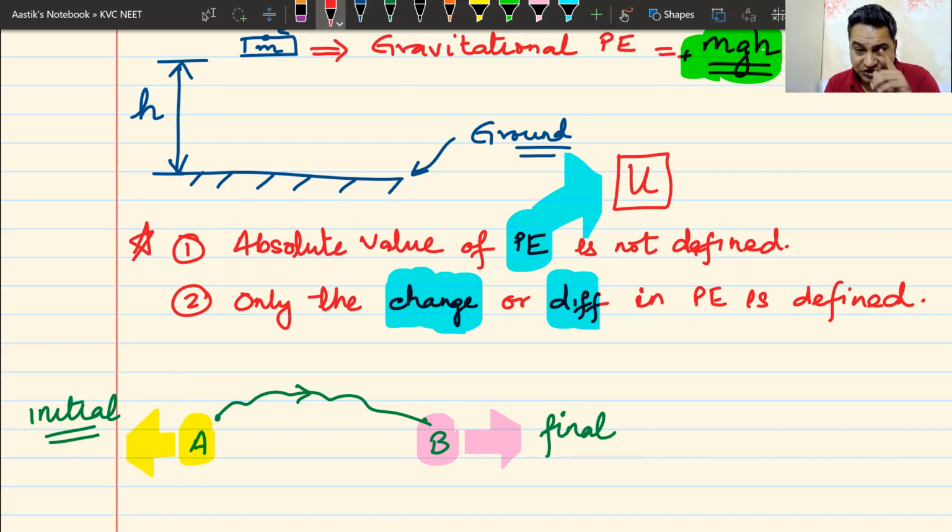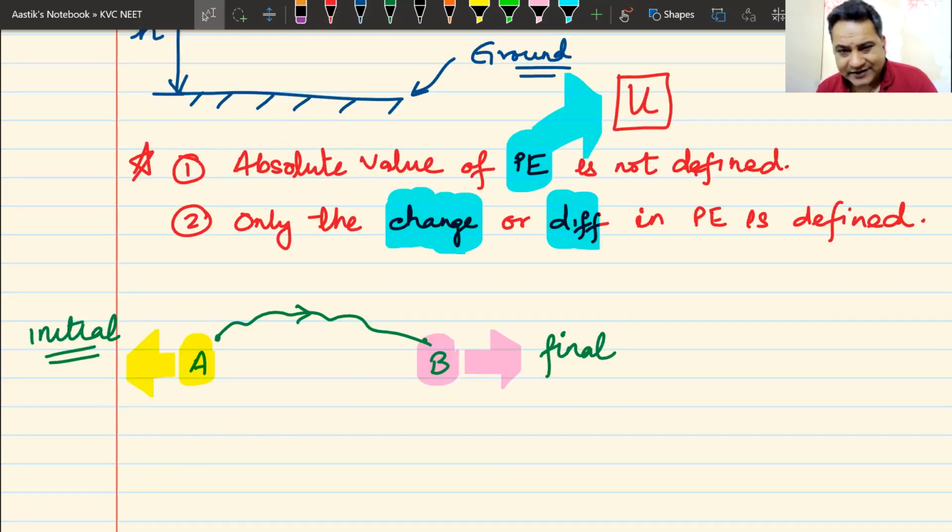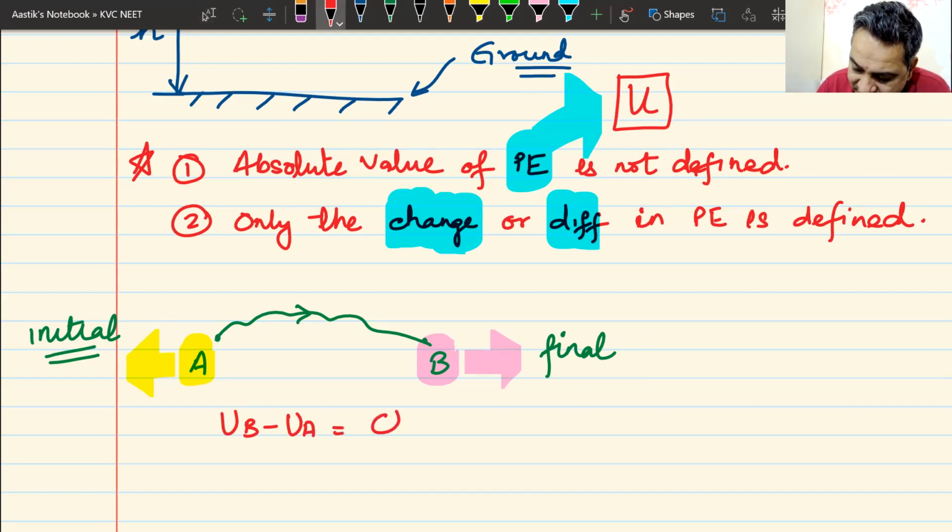Now, when I talk about change, very simple things make a lot of difference in your life because maybe by that simple thing, the answer will change dramatically. Remember, I'm moving from A to B, A is my initial point, B is my final point. When I say UB minus UA, that is the change in potential energy.